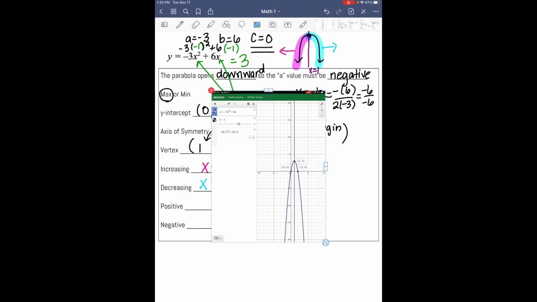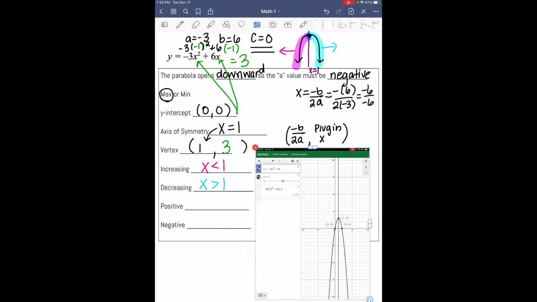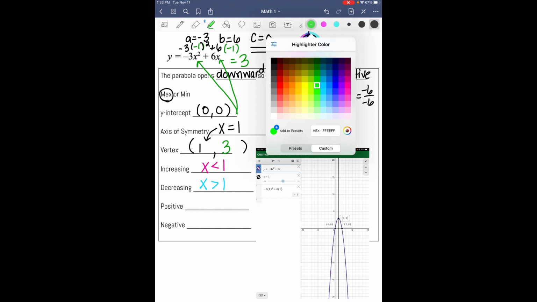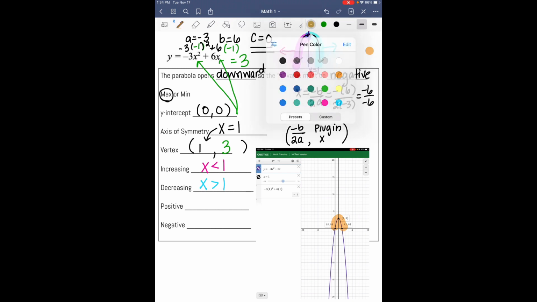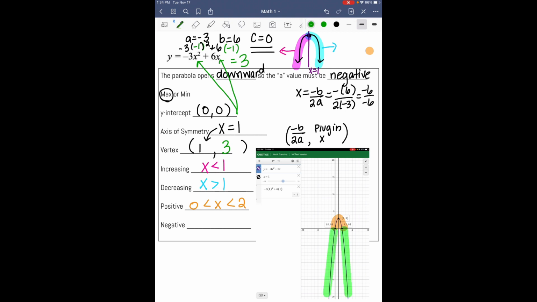And if I put this in, I can see right here that my value is positive between 0 and 2 because it's above the x-axis. So it's positive between 0 and 2. It's going to be negative when it's below the x-axis. So it's negative when x is less than 0 and when x is greater than 2.